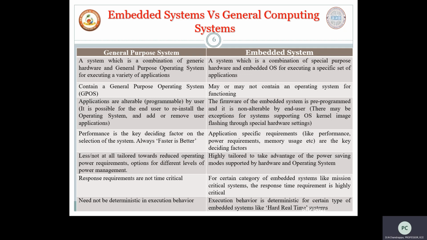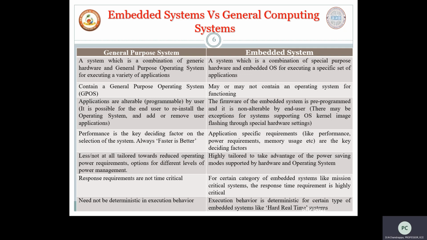As per the definition, it clearly indicates that an embedded system performs a very specific application, but a general purpose system executes a variety of different applications. This is the first comparison between these two.